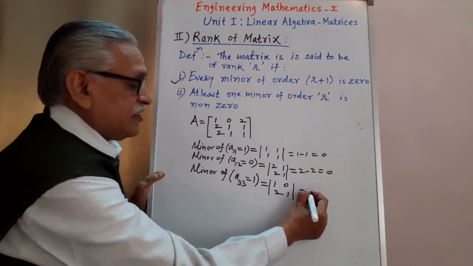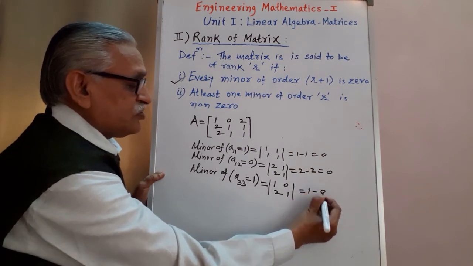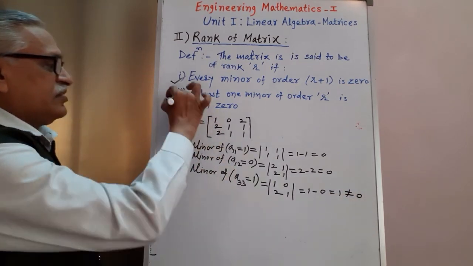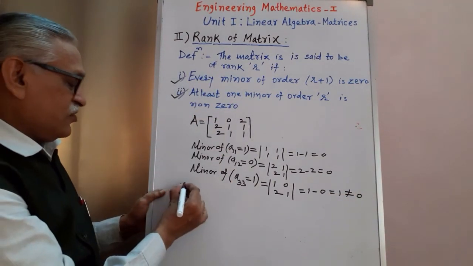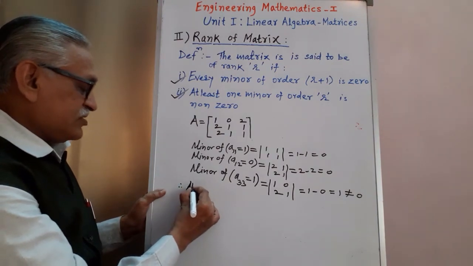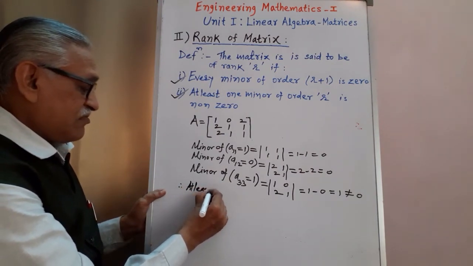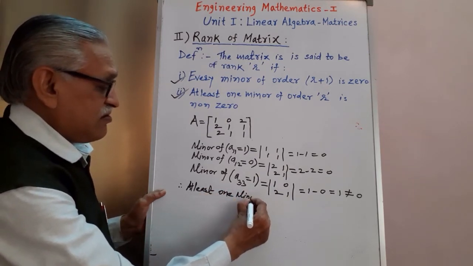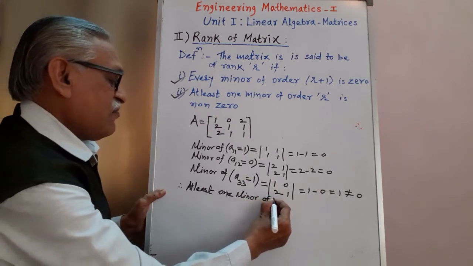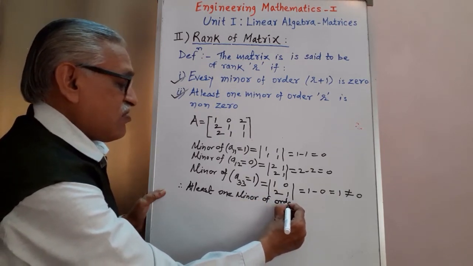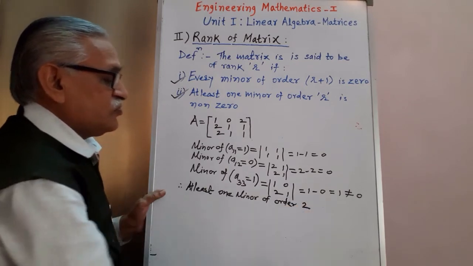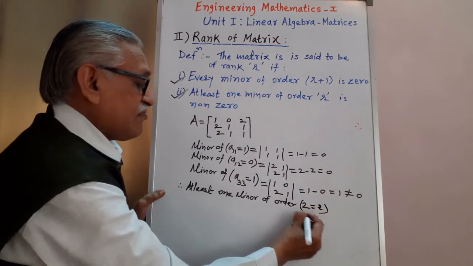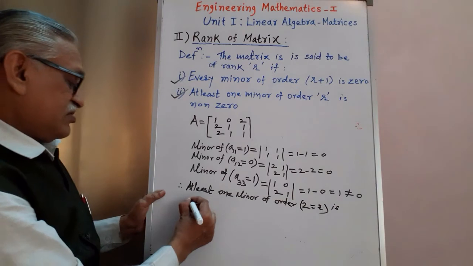Therefore it is 1 into 1 minus 2 into 0, we get 1, which is not equal to 0. Means the second condition is also true. Therefore we get at least one minor of order 2, that is the value of r, non-zero.